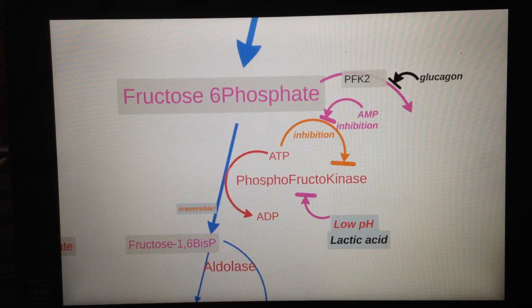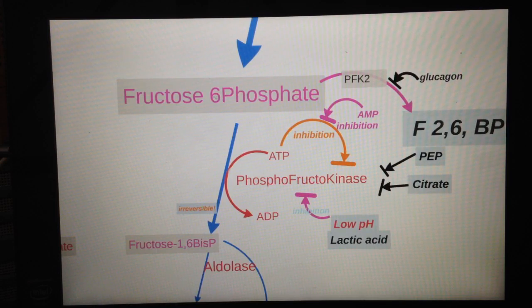Moving on, there's an enzyme called PFK2, which is a different kind of enzyme compared to phosphofructokinase 1, and this is controlled by glucagon. PFK2 will create what is called F26BP, which is a very important control factor of phosphofructokinase, and it actually promotes it.